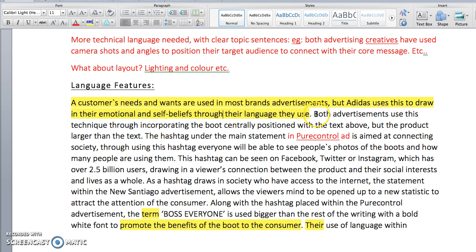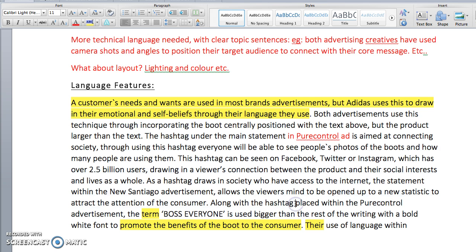But you don't really then go into detail about, so this is, they do use the text very cleverly, the way that they've positioned it to highlight the product.